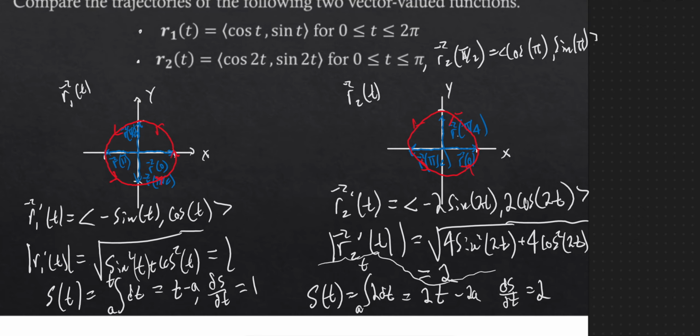So this one does not have the property, right? If I consider a length of arc that occurs over 1 second in time, it'll cover 2 units of distance rather than just 1 unit of distance. This one does not have this nice property.